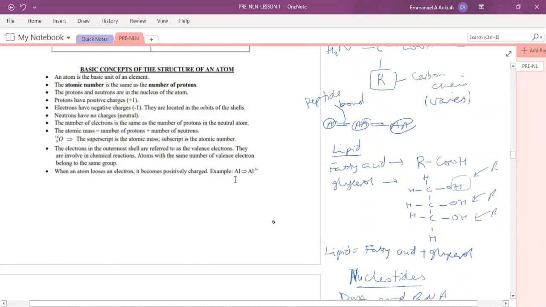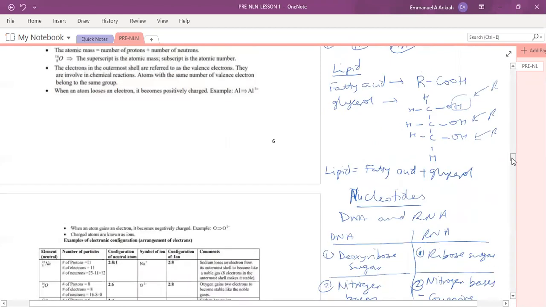If it loses its outermost electrons, it becomes aluminum 3 plus, and so on. If it gains an electron, then it becomes negative, like oxygen. And charged atoms, when you have a charge on it, we refer to them as ions.